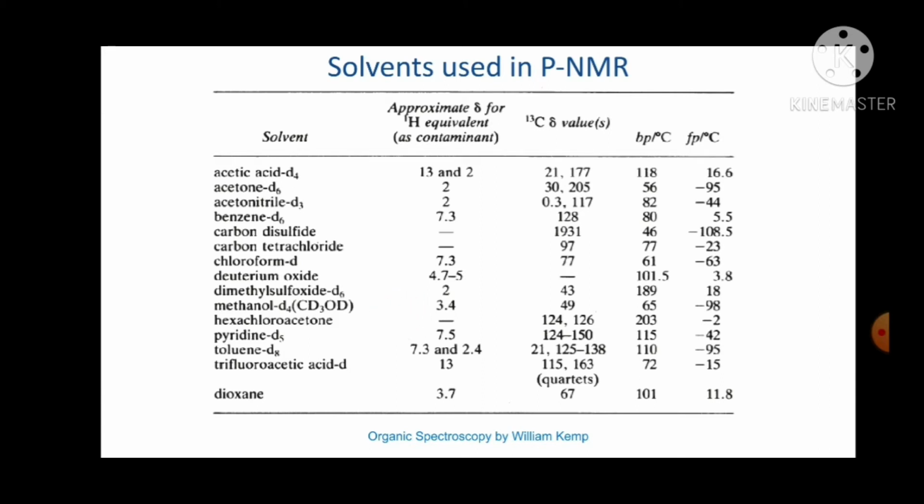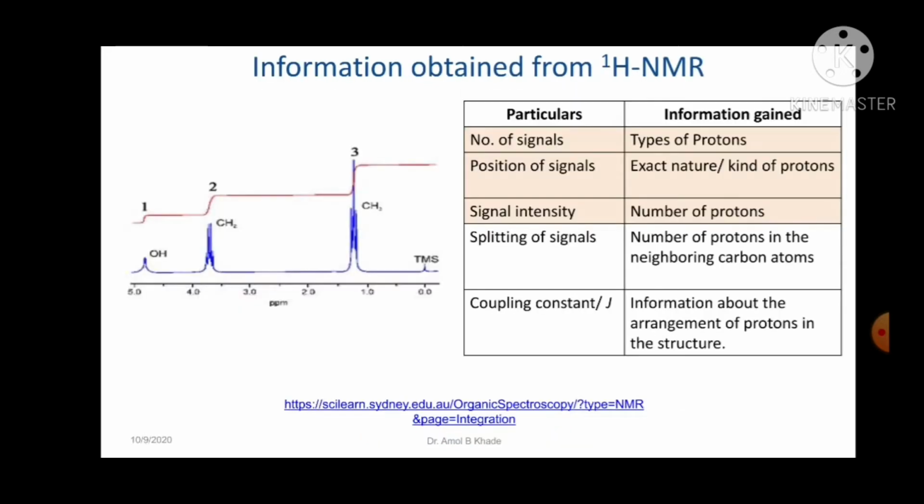These are the various solvents which we can use for recording a proton NMR. We very frequently use DMSO and deuterated chloroform, because these two solvents dissolve most of our organic compounds, and that's why they are preferred. All this data is taken from William Kemp's Organic Spectroscopy.